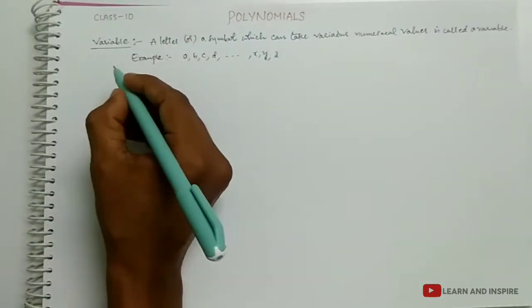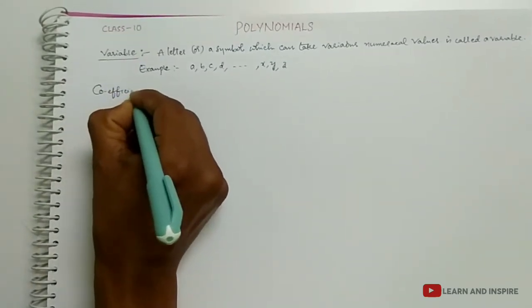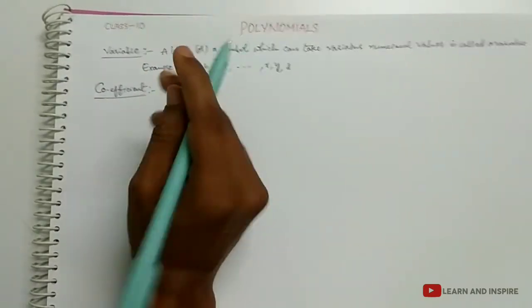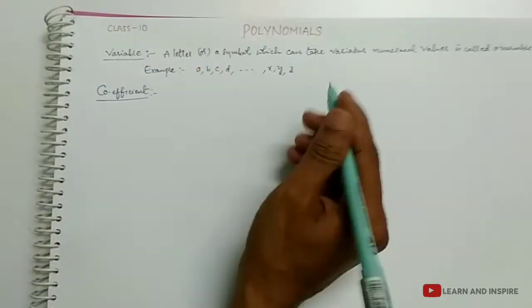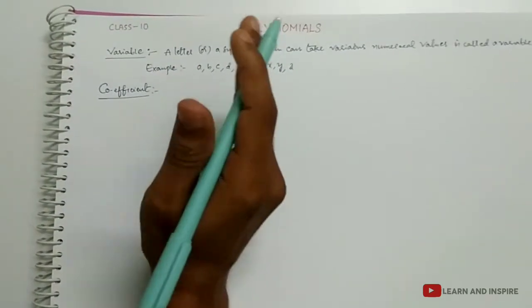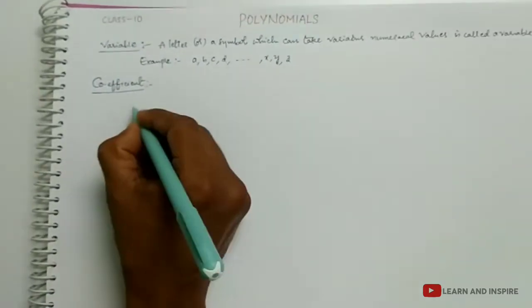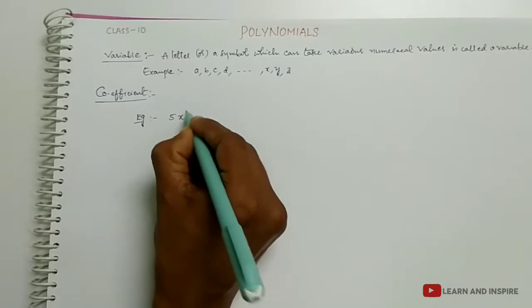The next keyword is coefficient. As we discussed this topic in class 9, what is a coefficient? A coefficient is nothing but the constant which is present before the variable. For example, I take 5x square.